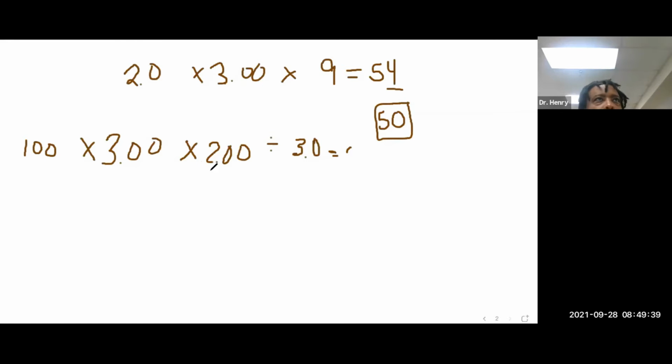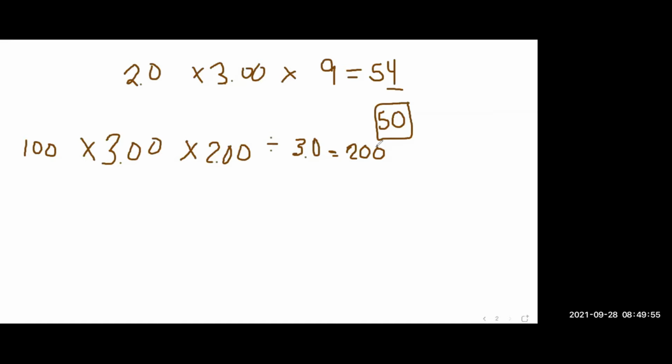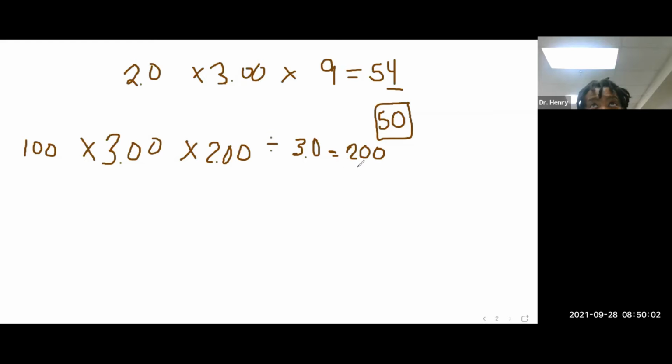So that's 600. 600 divided by 3.0 would be 200. How many sig figs should I have? Just one. Just one sig fig. So the answer would be as is.